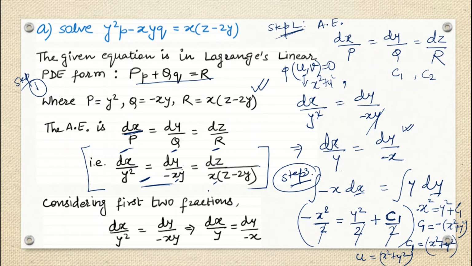So that also we can take. But can we take 1 and 3? 1 and 3 we cannot take, because the denominator should not contain y. This is your dx and dz, so y square and y square I cannot cancel, so I am taking these two equations.